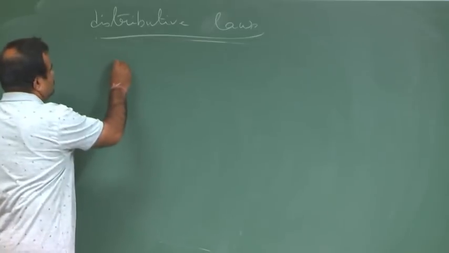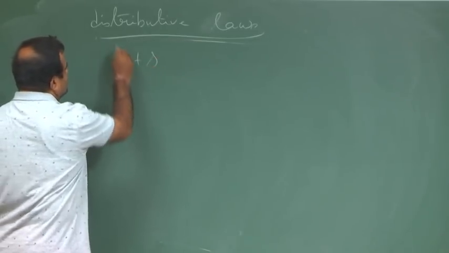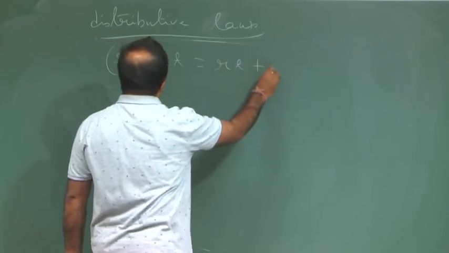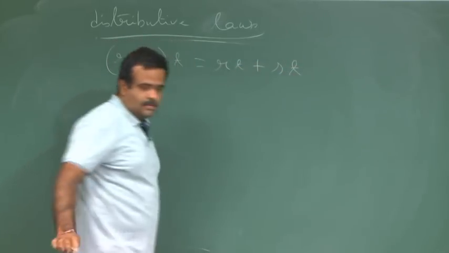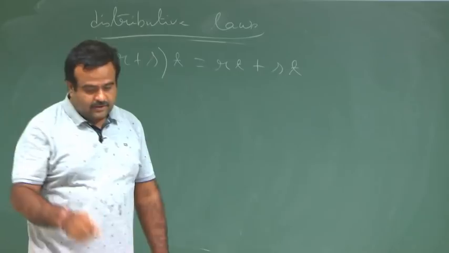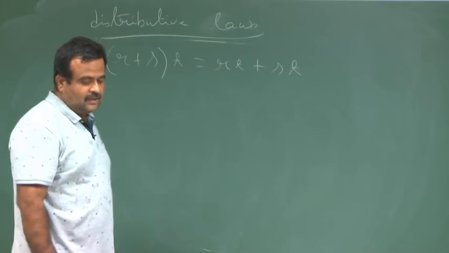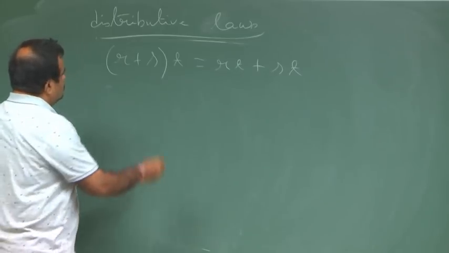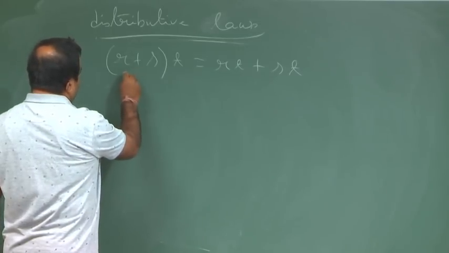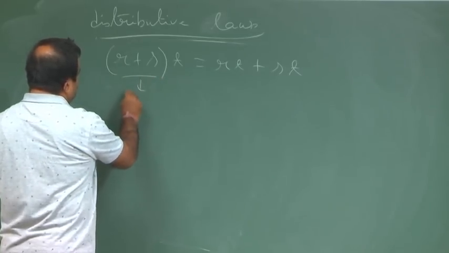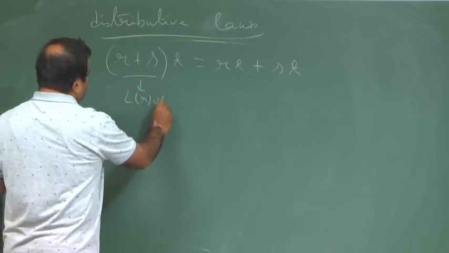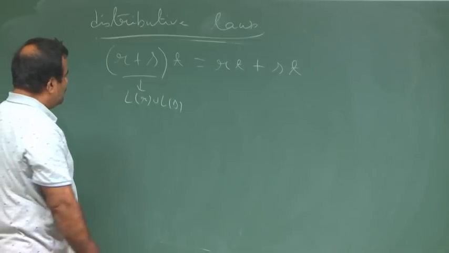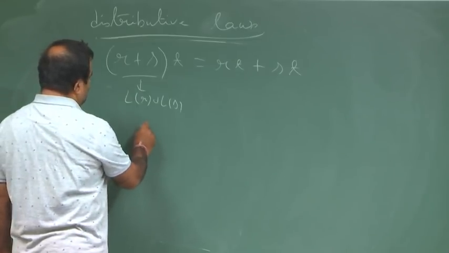If we have regular expressions R, S and T, then (R+S)T is the same as RT+ST. This we can easily verify, because the language corresponding to this is L of R union L of S, and then we take the concatenation with T.